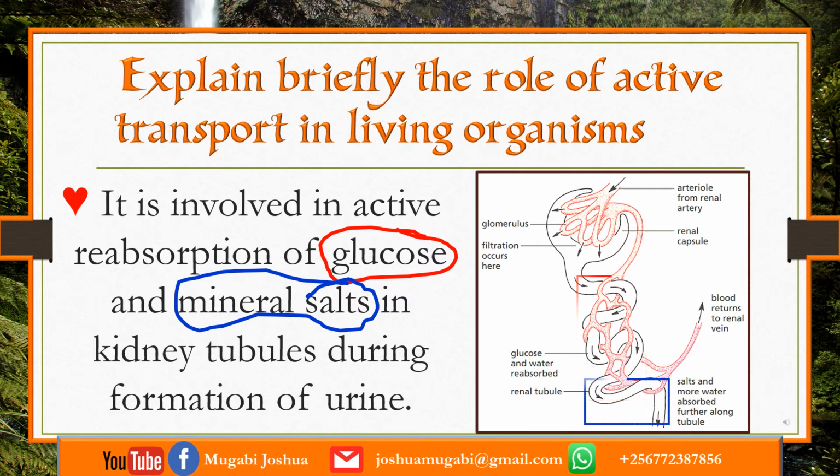Then going below, towards the descending limb of Henle, salts and more water are absorbed back into the blood capillary, and those also require the use of energy. So active transport in living organisms is involved in the reabsorption of glucose and amino salts in the kidney tubuli during the formation of urine.